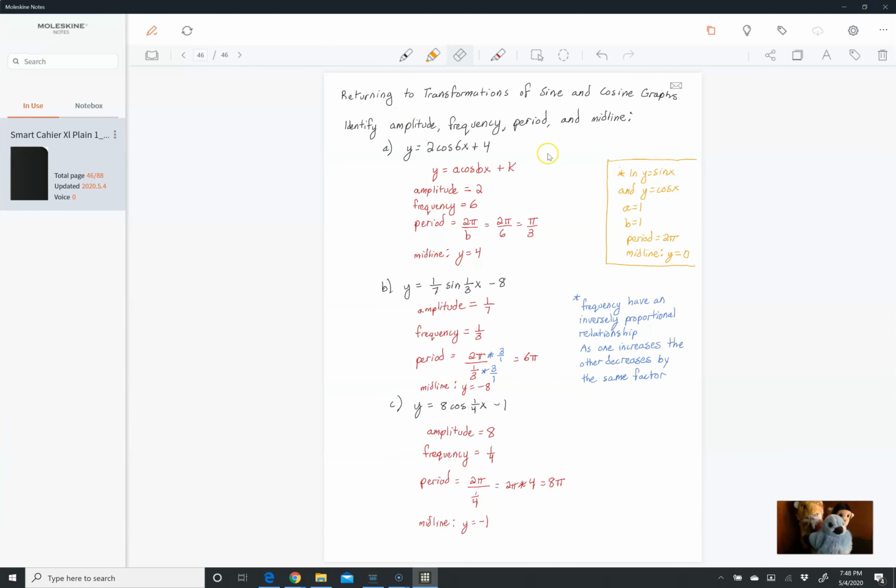So let's go in the other direction. This is where you're given the graph and you're given the equation and you have to find this information. Let's say that we did it the other way around. Let's say that you're given the information and you have to find the equation.